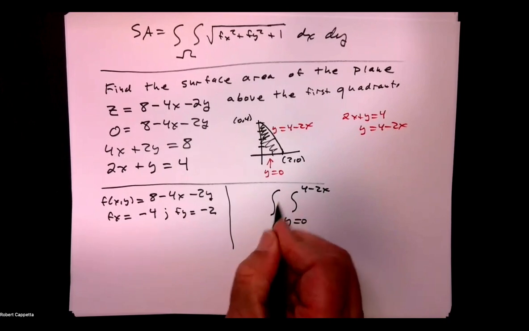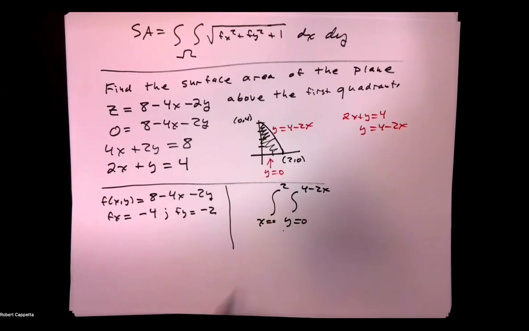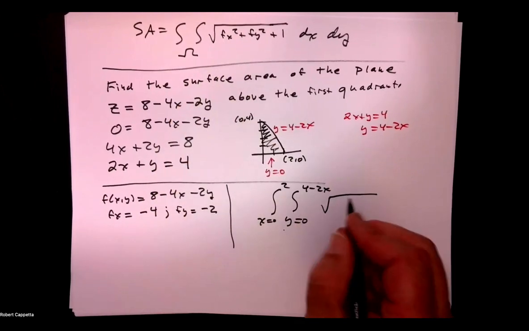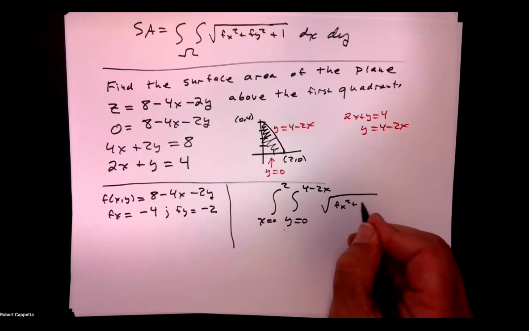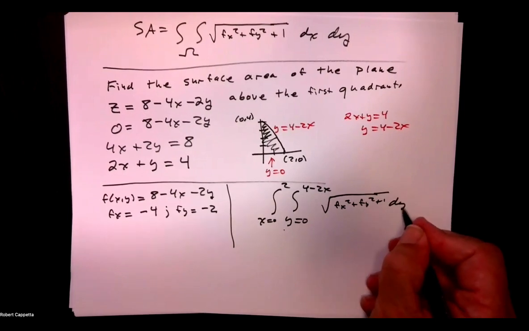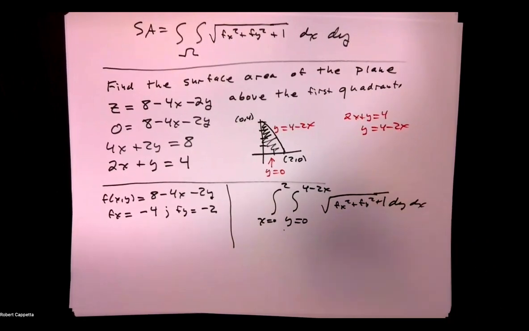What is the largest x I see? Smallest x I see is 0. Largest x I see is 2. Then I have square root of f sub x squared plus f sub y squared plus 1, and I'm going to go dy dx based on this order. So let's go ahead and do that integral and see what we get.